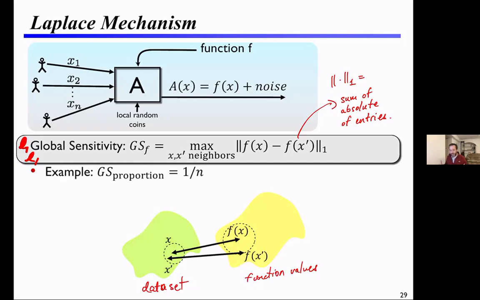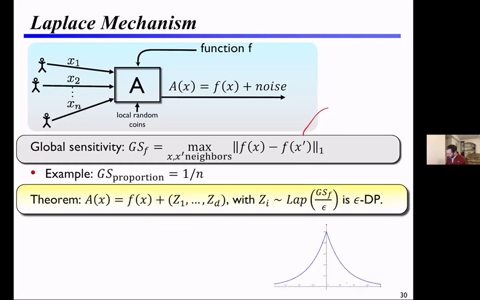So the intuition is that the less the function tends to spread things apart, the less noise we have to add. And indeed, that is true, or at least it's sufficient to add noise proportional to this thing.